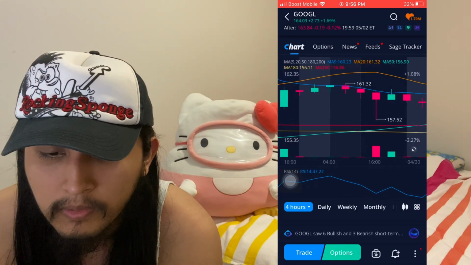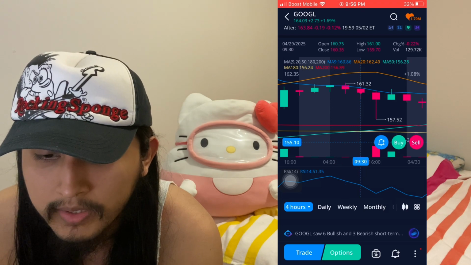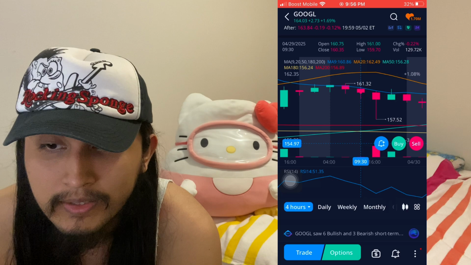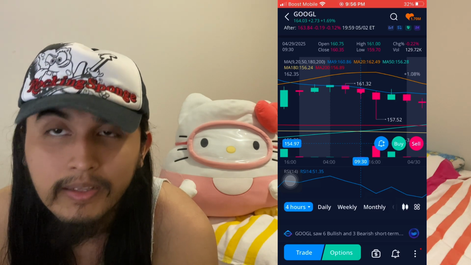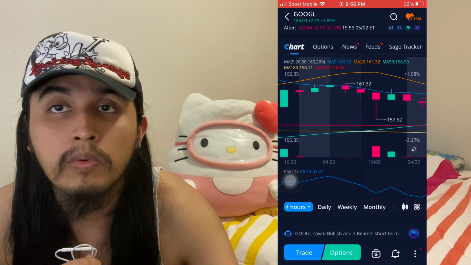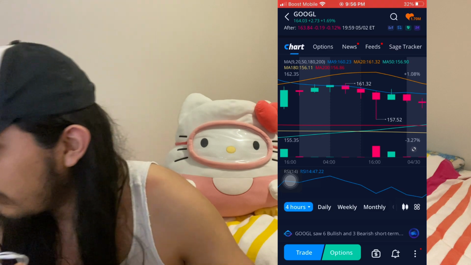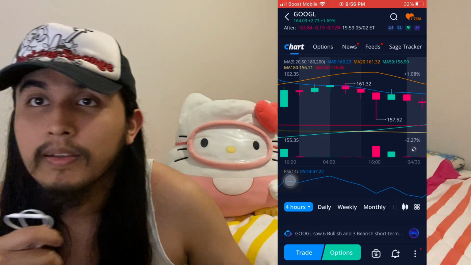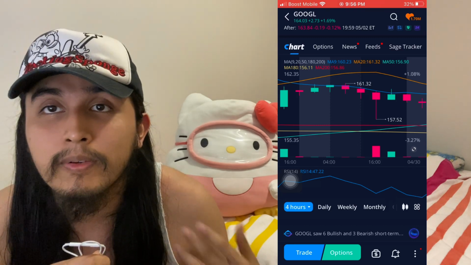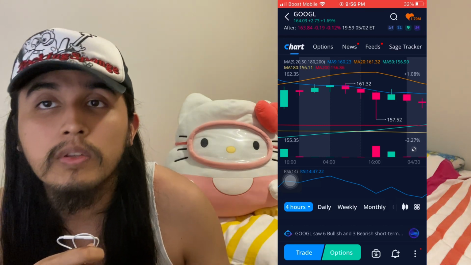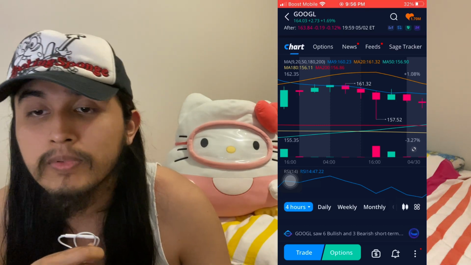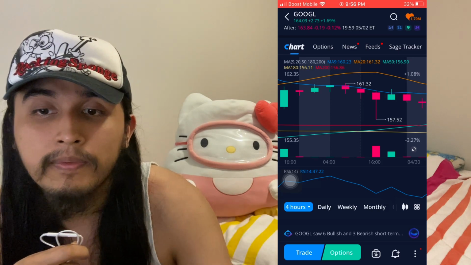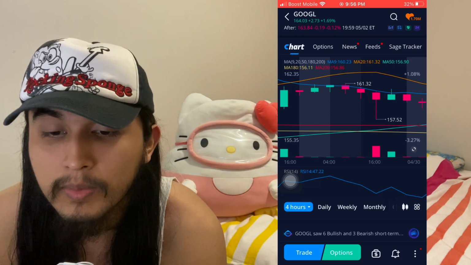Pre-market, it looks like Google is having trouble breaking out of that 9-day moving average. If Google decides to open red, that's most likely a signal that it wants to continue the downtrend, and it will likely have trouble getting above the 9-day moving average all day.